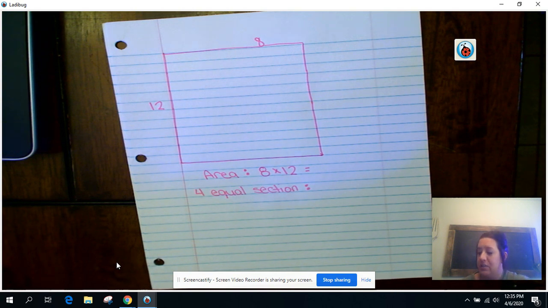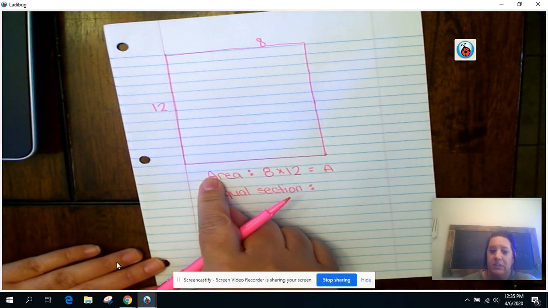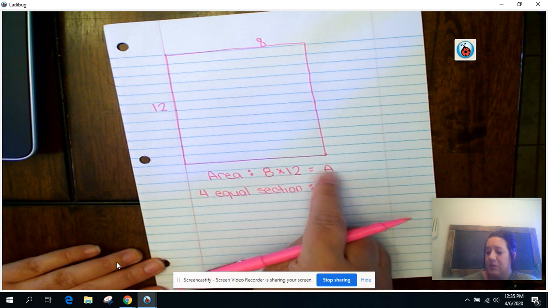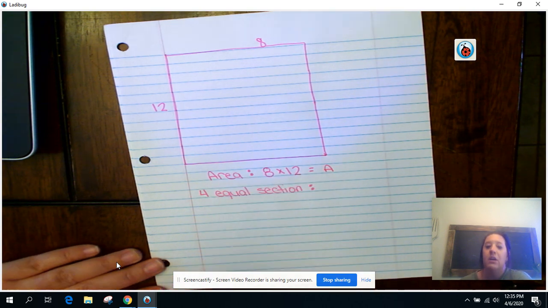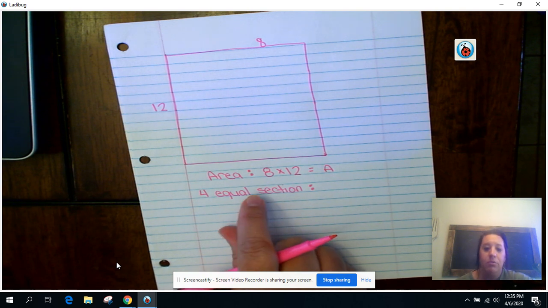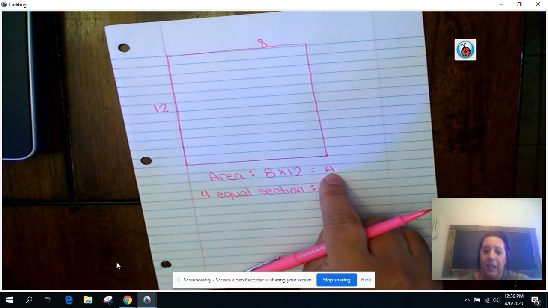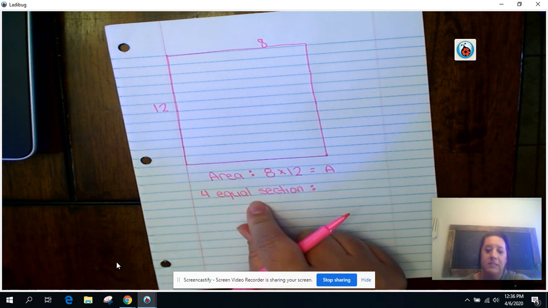solve for the area. So once you have the area, and I'm going to put equals A because why? It equals the area. So 8 groups of 12 is going to give me what? It's going to give me the area. Then I have to think about 4 equal sections. So I'm going to have the area before I attack this 4 equal sections.